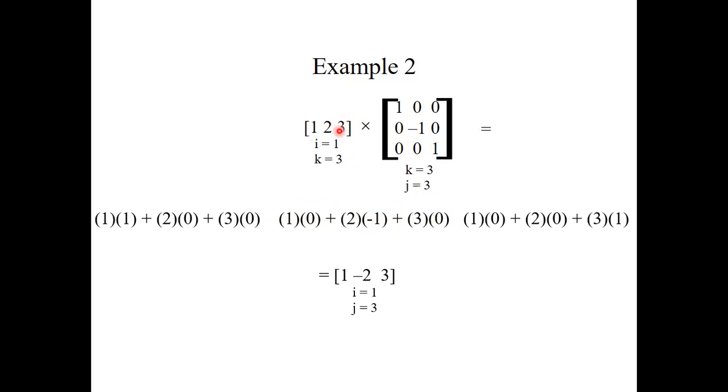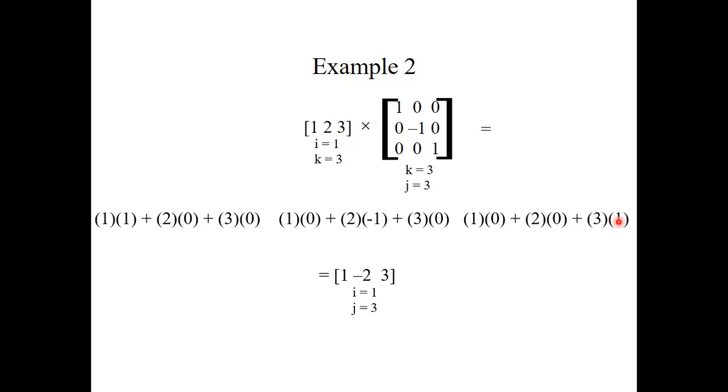And last but not least, you multiply the first row with the third column, which is 1 times 0 plus 2 times 0 plus 3 times 1.